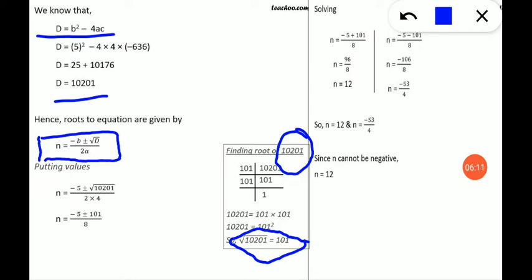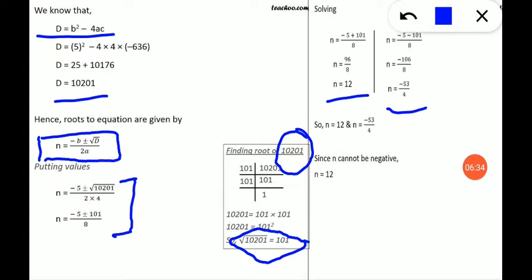I hope all of you know how to find the square root of a number. So on putting the values of b, D and a in the formula and solving it, we get n is equal to 12 and n is equal to minus 53 by 4.